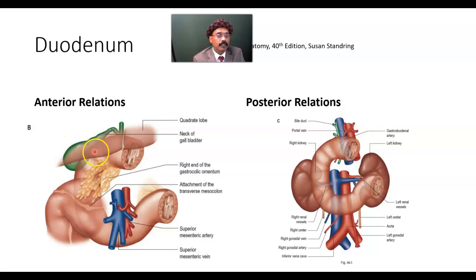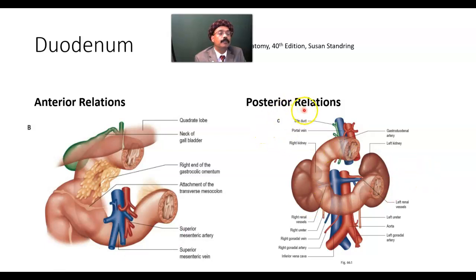The gallbladder is related to the superior part of the duodenum, including the junction between the superior part and the descending part, depending on the size of the gallbladder.